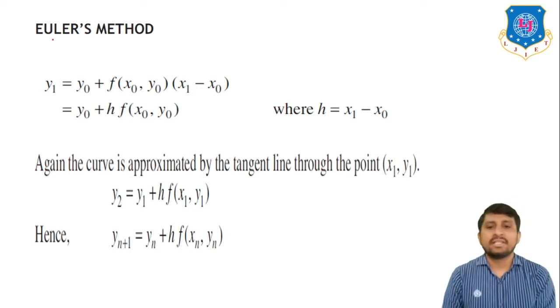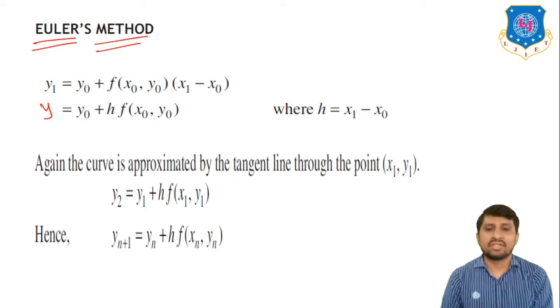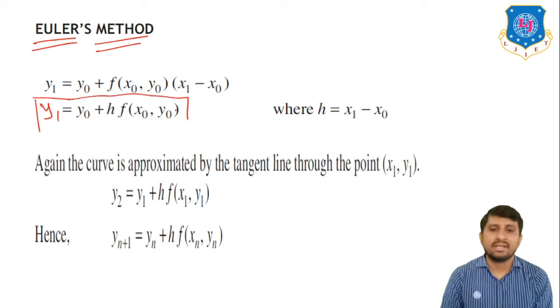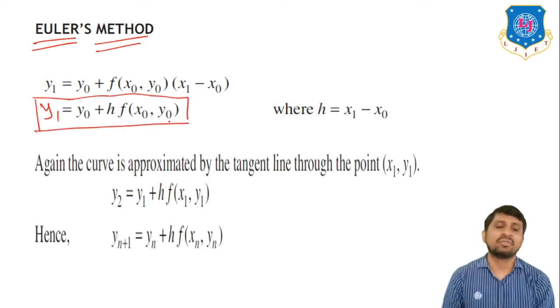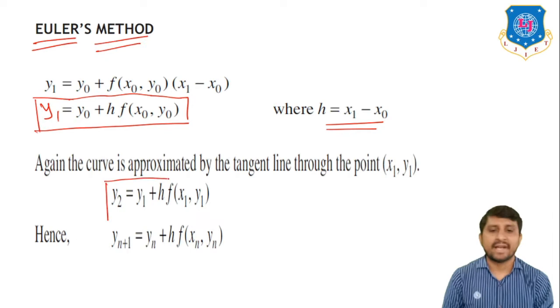In Euler method you have to remember this approximation: y1, your first approximation, is equal to y0 plus h f of x0, y0, where h is equal to x1 minus x0. Similarly y2 is equal to y1 plus h f of x1, y1.